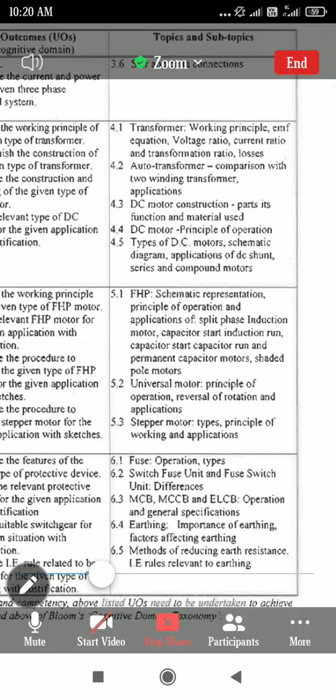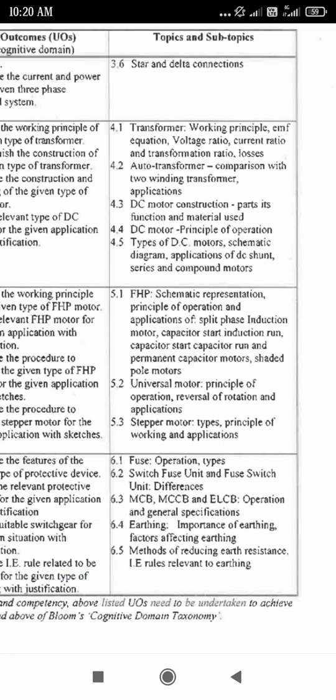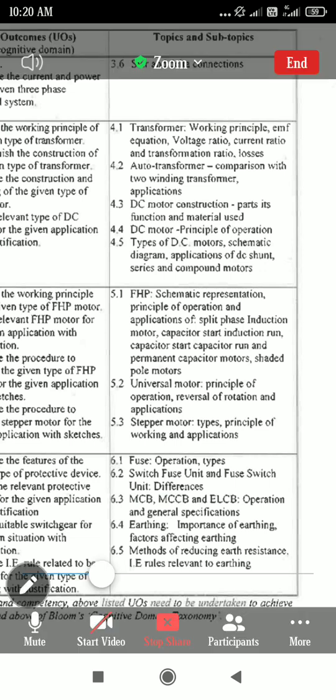Then the schematic representation of that motor, also the operation and application of that motor, then the types of single phase induction motor: split phase induction motor, capacitor start induction run motor, capacitor start capacitor run induction motor, permanent magnet motor, and the last one is the shaded type of motor.